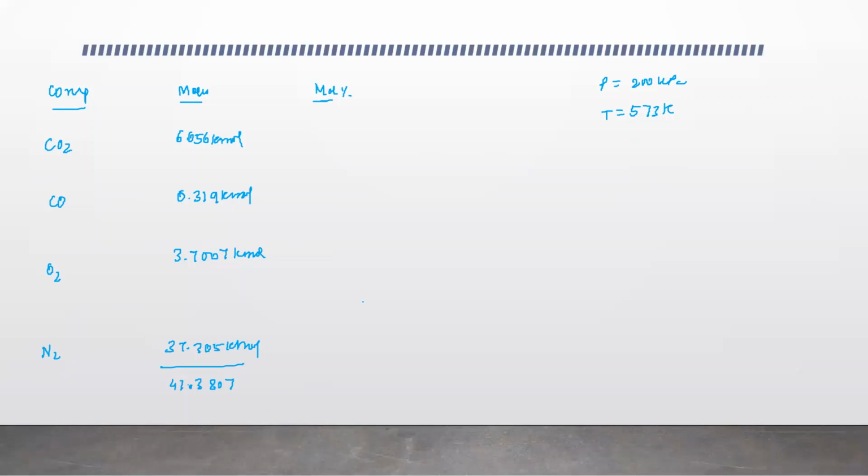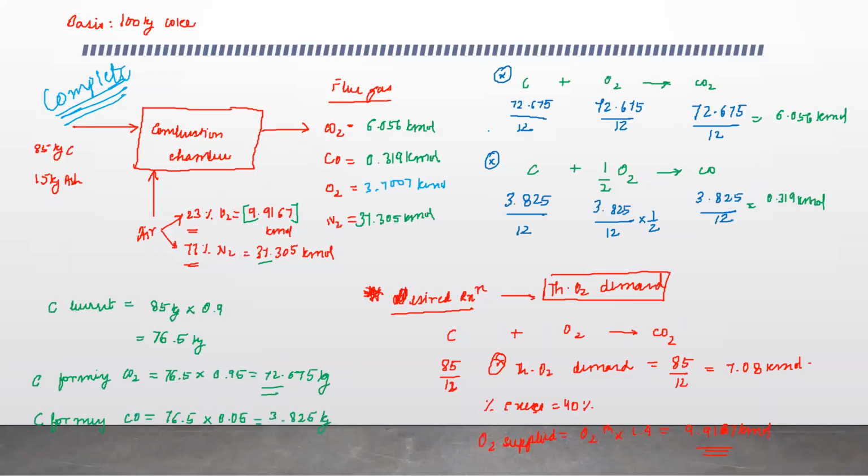Then you have the number of moles of flue gas, so you would have simply put V equal to nRT by P. Here n would have been 47.3807. I'm giving you this information so that if you get such questions, you know how to play with them. Whatever we need to do is simply complete the block diagram. Once our block diagram is complete, we don't have to work more. We only have to manipulate whatever we have found in the block diagram.